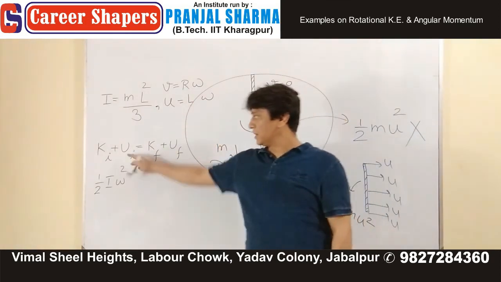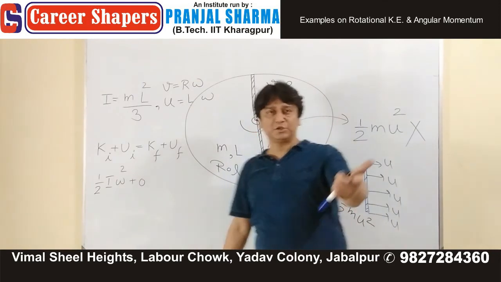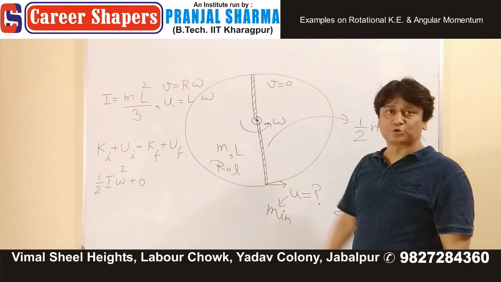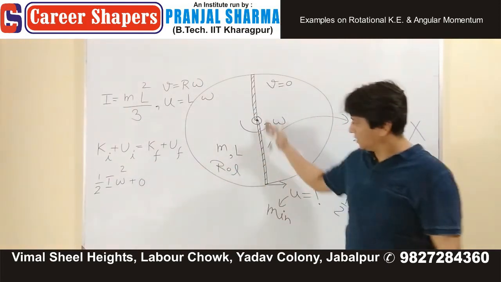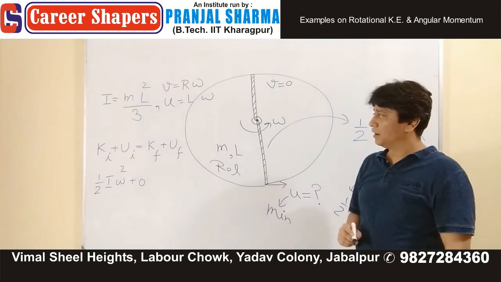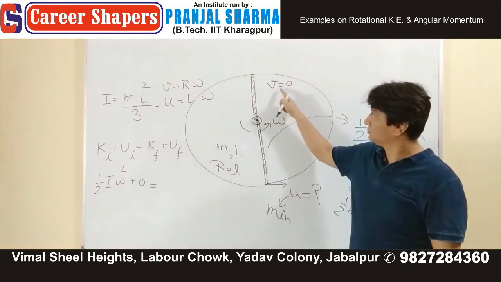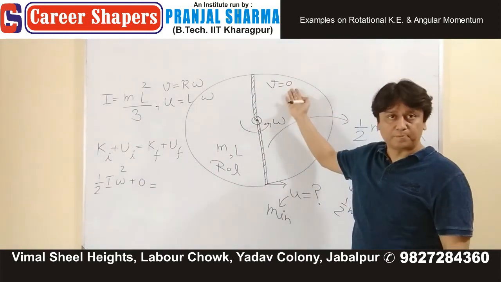Now what is the initial potential energy? हर आदमी को पता है ग्रेविटेशनल पोटेंशियल एनर्जी अपने हाथ में है. जहां हमारी मर्जी हो हम उसको क्या बोल देते हैं? जीरो. हमने बोला है इनिशियली जीरो है. K final, at the highest point, it is going to stop.